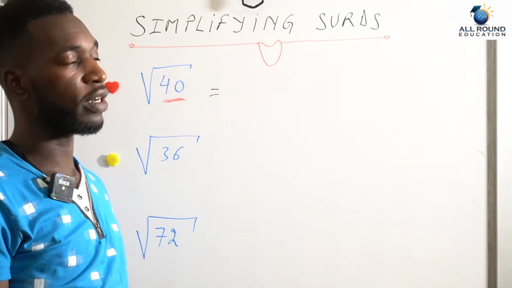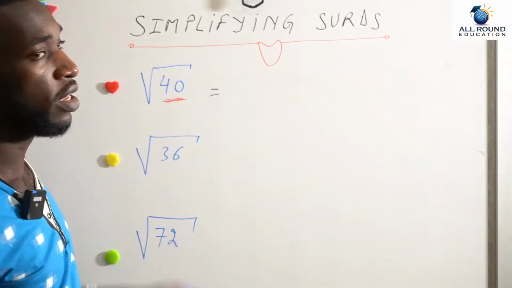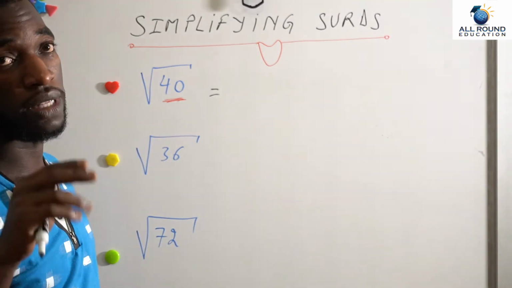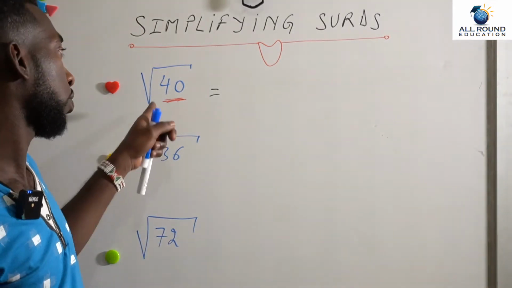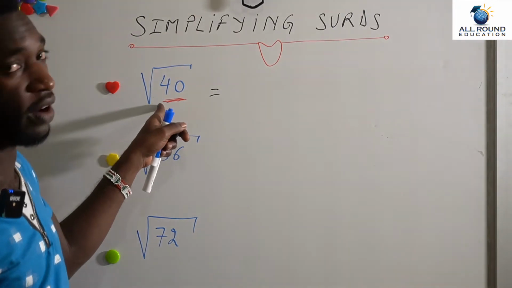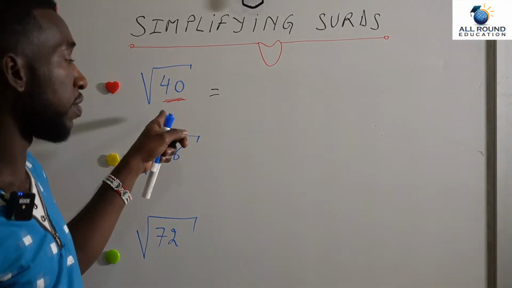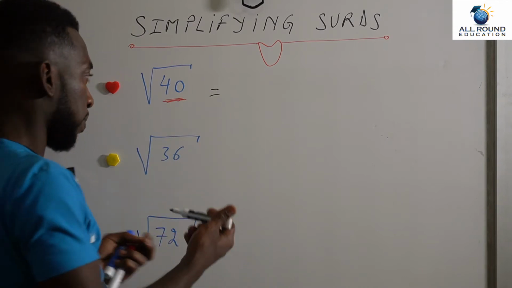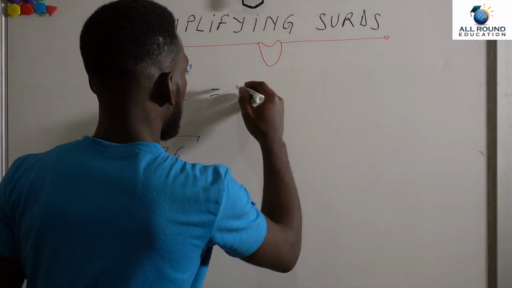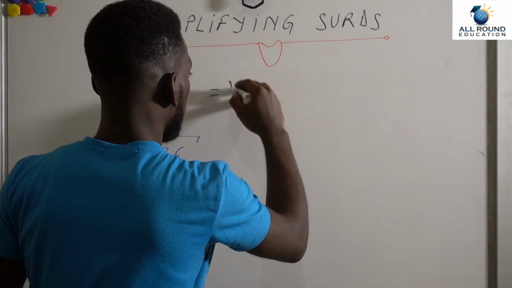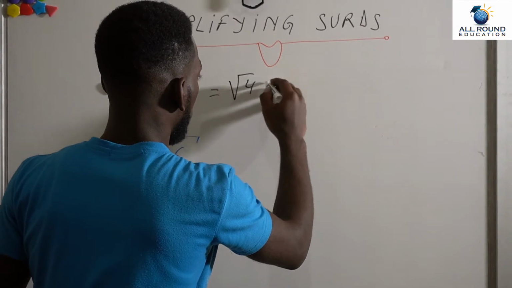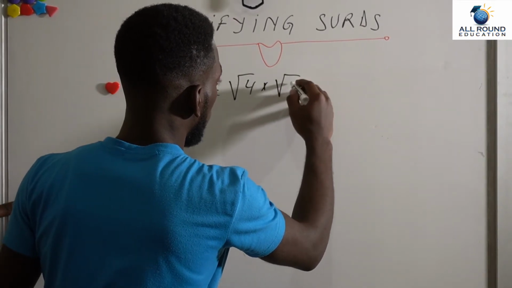What number can you times by 9 to get 40? There is none. That means 4 is the highest perfect square that can be divided into 40. So what you then do is write that as the square root of 4 times the square root of 10.